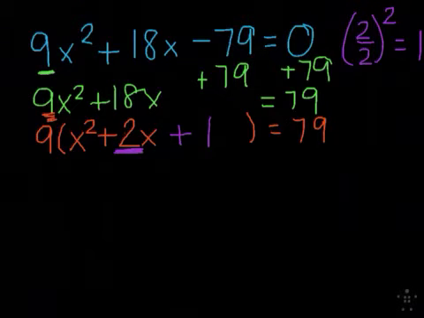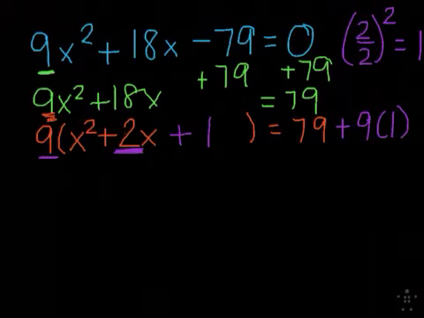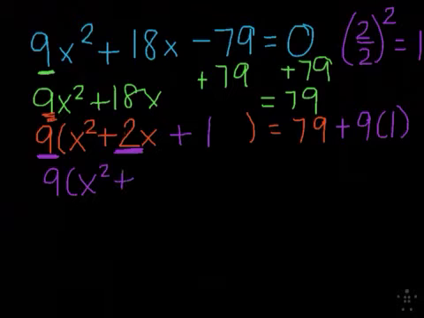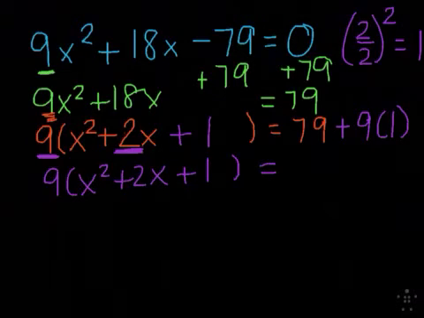When you're adding in the 1 to the other side, it's not just the 1, it's 9 times 1. So whatever you factor out, you multiply it with the number on the other side. So this is really 9x squared plus 2x plus 1 equals 88.